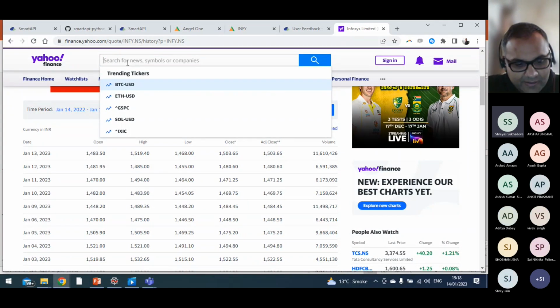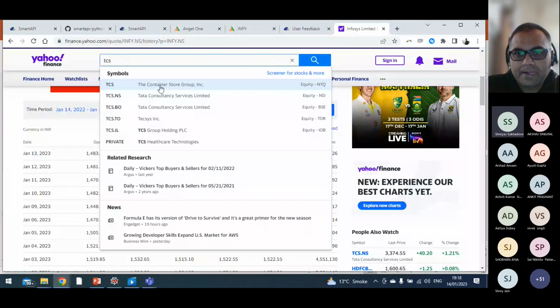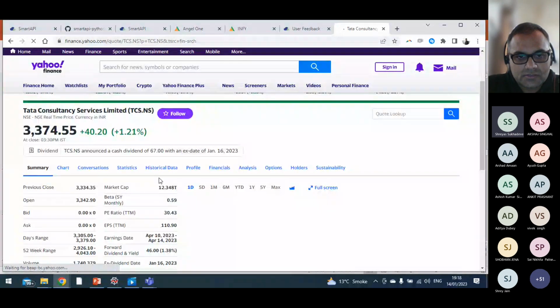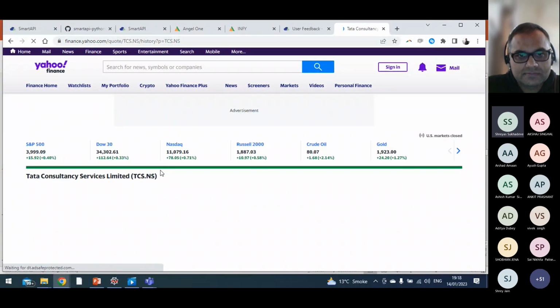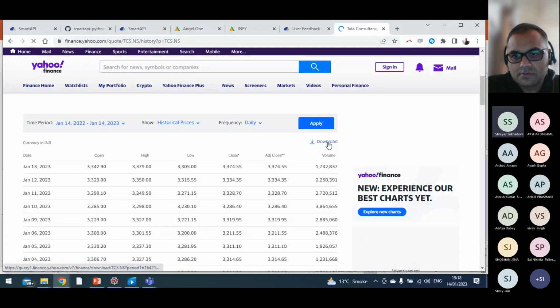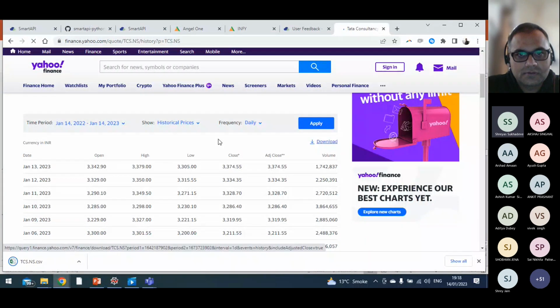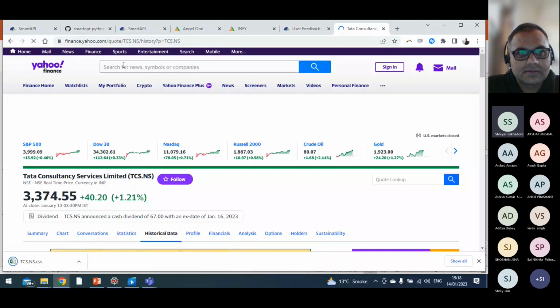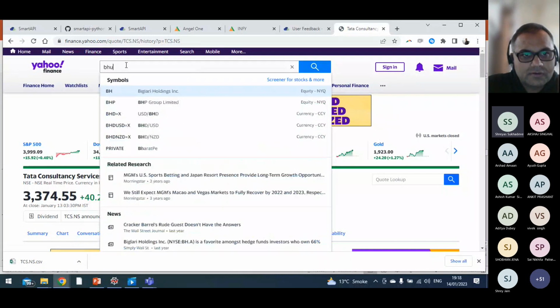Which one interests me in India? Let me think about it. Let's go with TCS. Again, tcs.ns. You want to go with .ns because that's the one listed in the National Stock Exchange. Historical price, download. What else?